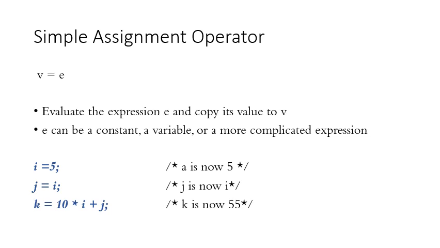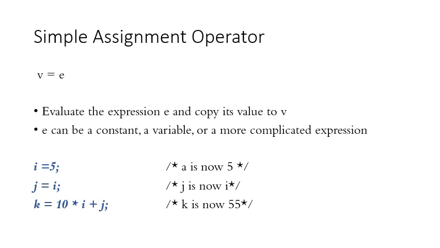So here's the basic syntax. V equals E. Of course it should be followed by your semicolon. We first evaluate the expression E and then copy its value to V. Your E can either be a constant, a variable, or a more complicated expression.